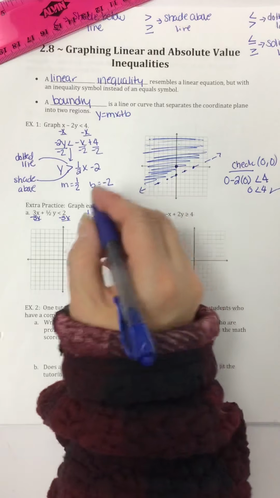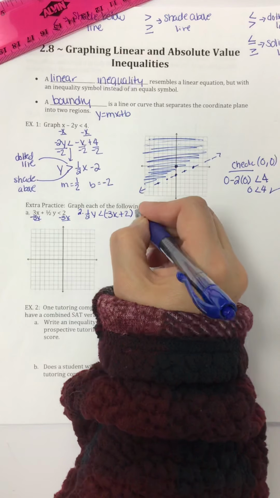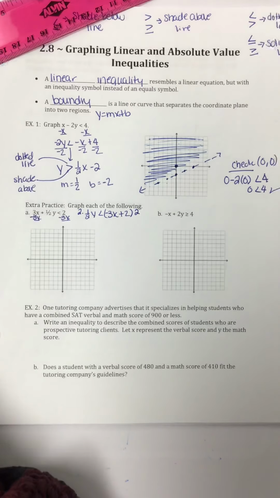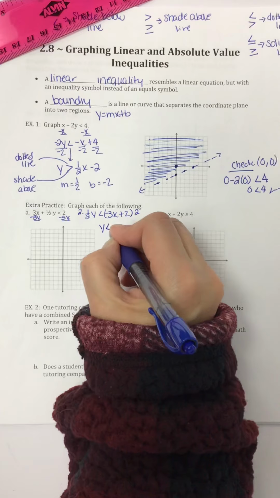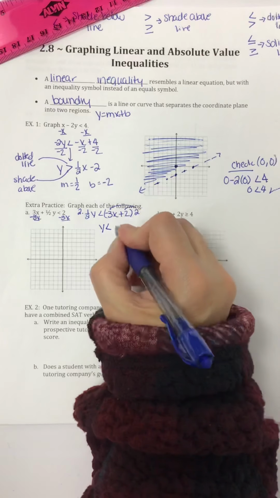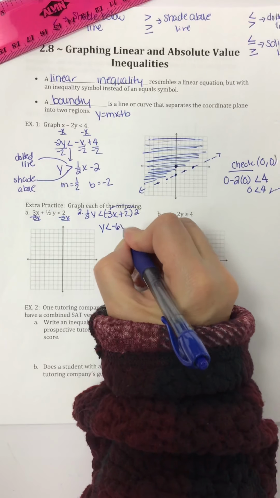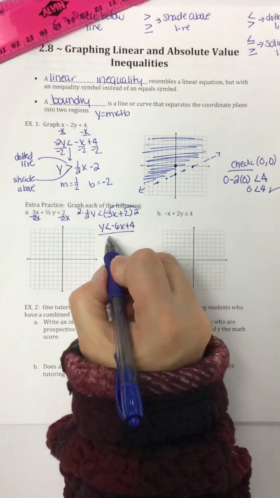Divide by 1/2 or multiply by 2. So we didn't multiply or divide by a negative, so our sign doesn't change. We still have less than. Here we distribute in, we would have negative 6x plus 4. Everybody agree with that? All right, so there's our equation.